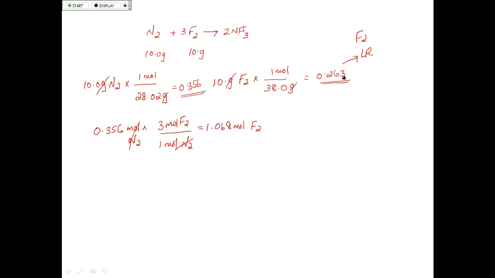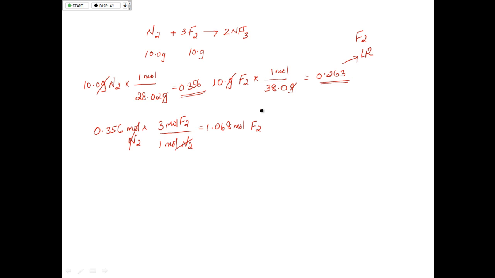If what you are given in the problem is more than what you need, that means it is in excess, so the other one has to be the limiting reactant. If what you are given is less than what you calculated, that means it is present in the smaller amount, so that should be the limiting reactant.